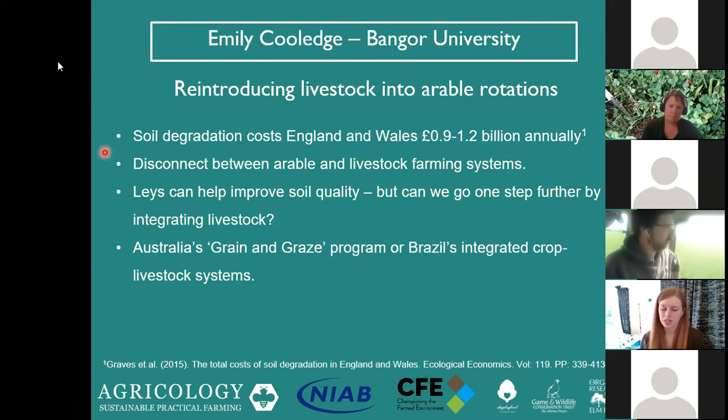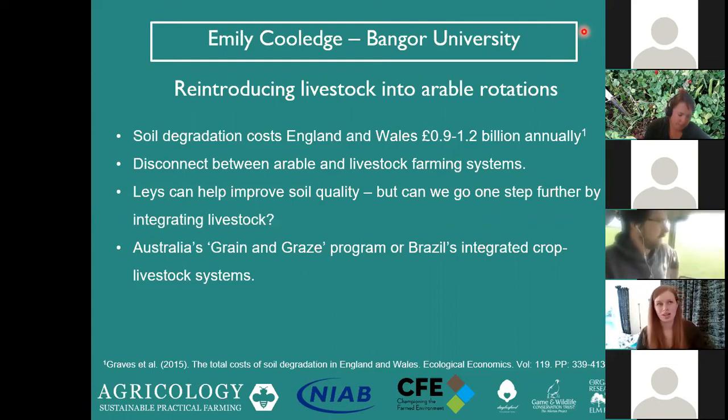So as we already know, lays can improve soil quality, but can we take that one step further by closing the system, so to speak, by using livestock? Livestock are really crucial at recycling nutrients within the system. In a mown system, typically you're taking all of that biomass away, and you've taken all of the carbon and nitrogen with it, and you're not giving the soil a chance to recover the benefits from the plant biomass.